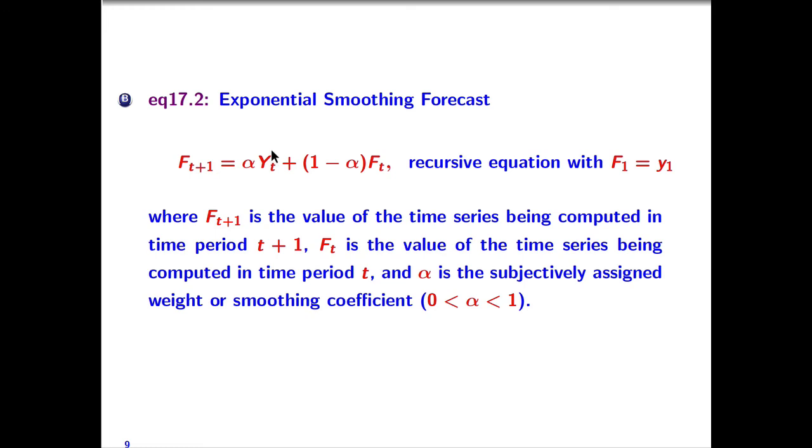Y is the time series, so y sub t is the current value associated with the time series, and F t is the current value for the forecasting value.